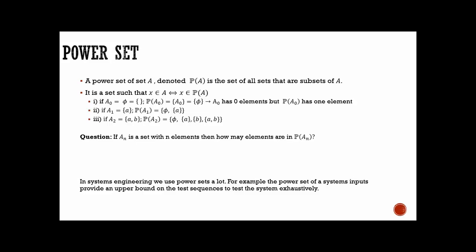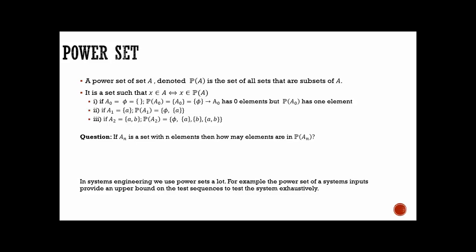If A1 equals this little a, then the power set of A1 is going to be the null set plus that element a. If A2 is equal to a and b, then the power set of A2 is going to be equal to the null set plus those elements separately plus that element which is the combination of the two. Okay, so the power set includes the null set and all the possible combinations of the elements that are part of that original set.